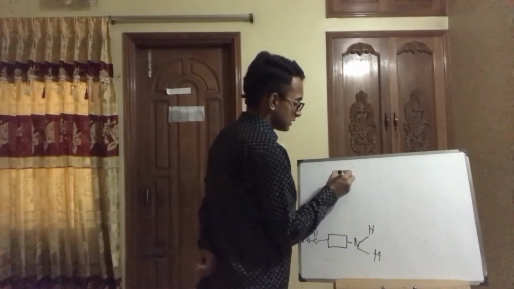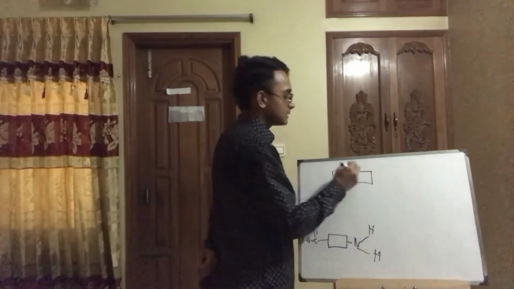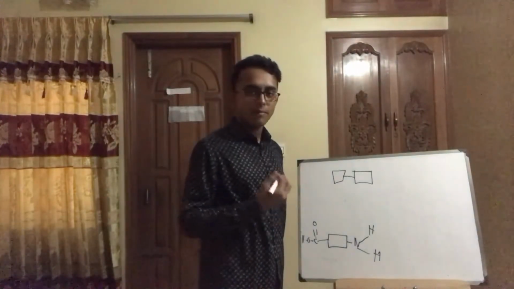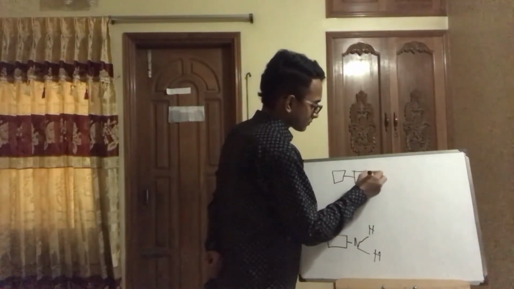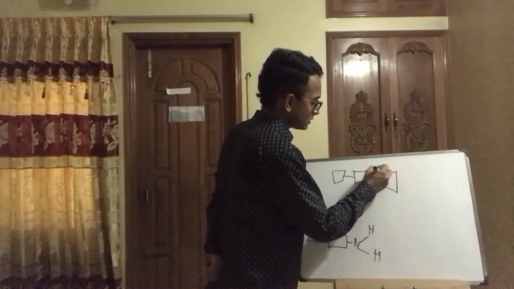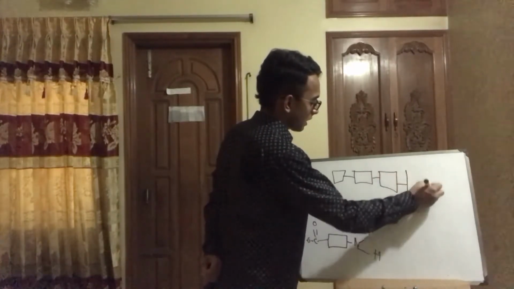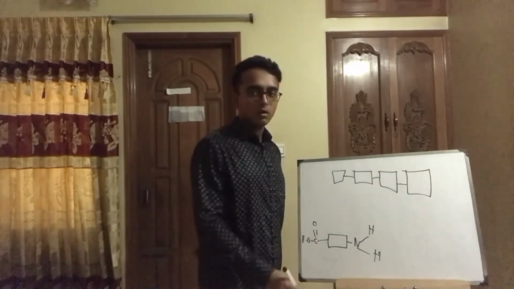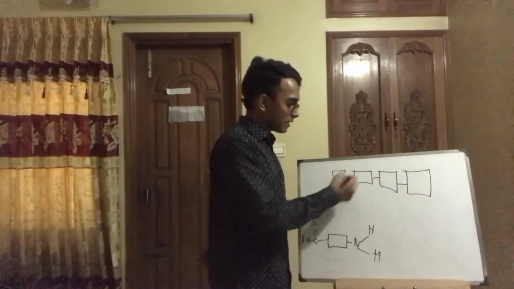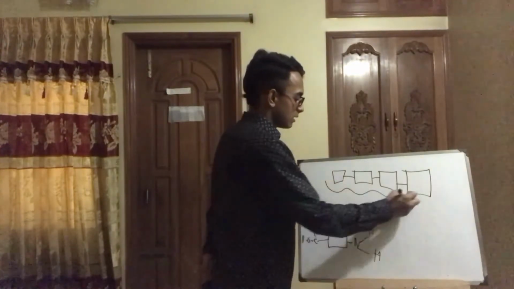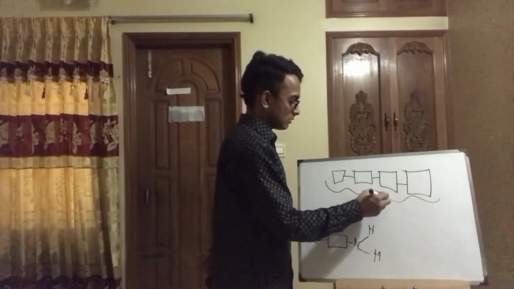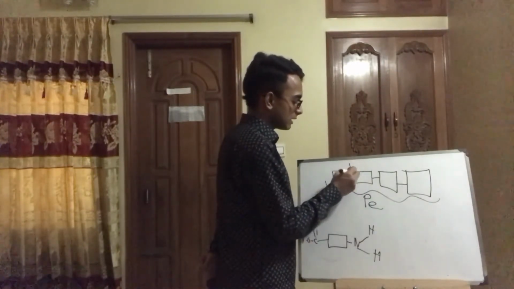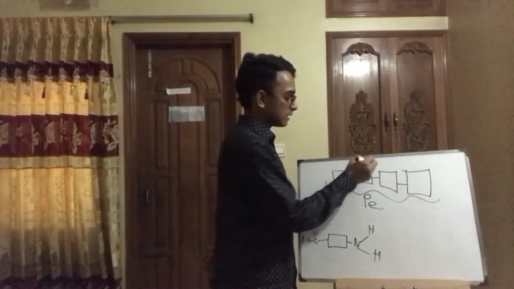If we have, say, two amino acids joined together, they form a peptide. If we have maybe 3 or 4 amino acids, they are called peptides. So a few amino acids joined together is called a peptide, and this is called a peptide linkage.